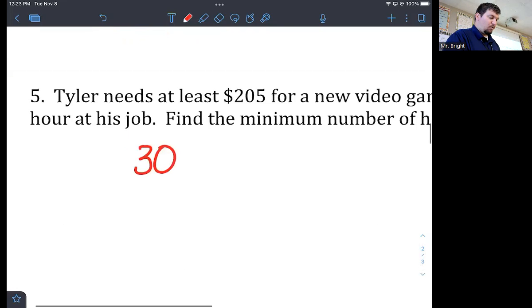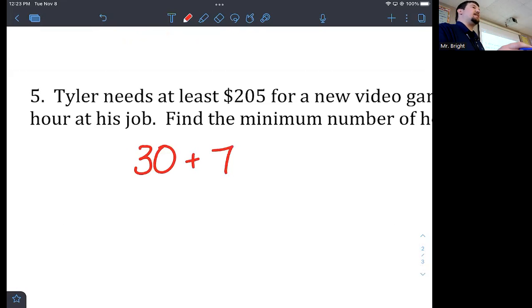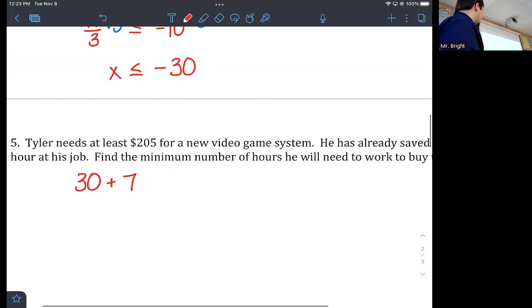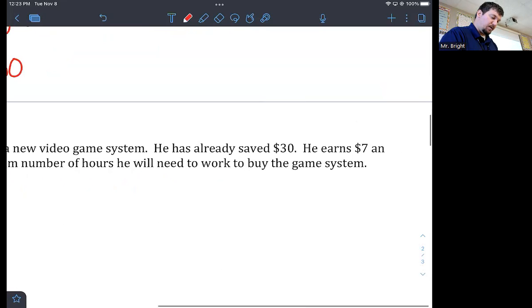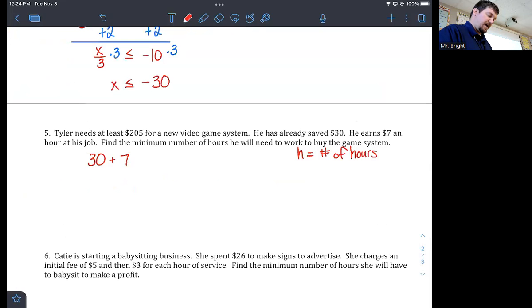So if he's going to be saving more money, we can add $7 to that for every hour. And we don't know how many hours that is. In fact, the third sentence says, find the minimum number of hours. So let's go ahead and define our variable. Let's let H equal the number of hours. That way we know what we're trying to find here.